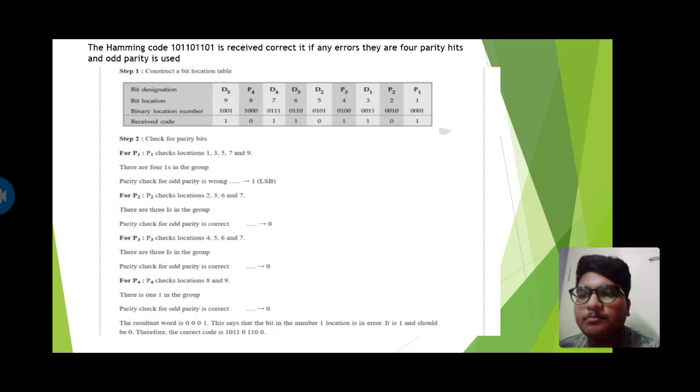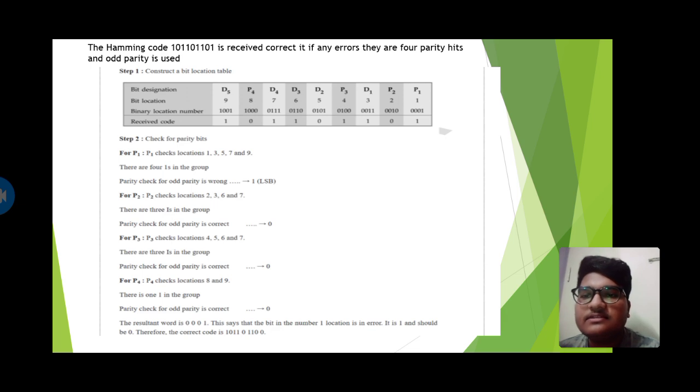Correspondingly, for parity P4 we are going to check at the locations 8 and 9. Here also we are having 1, 1, which is an even count, so the corresponding error is also 0. The resultant word is 0, 0, 0 and 1, so the position at LSB is going to be changed.